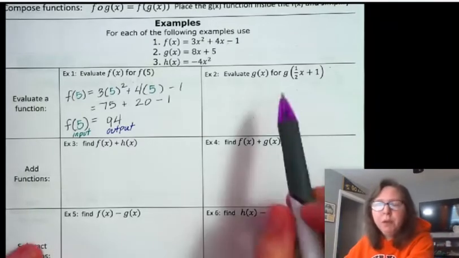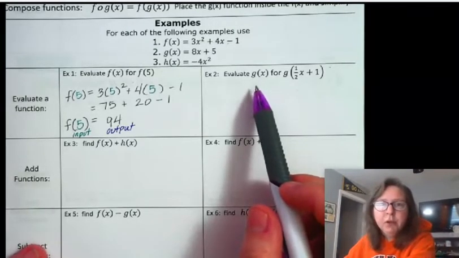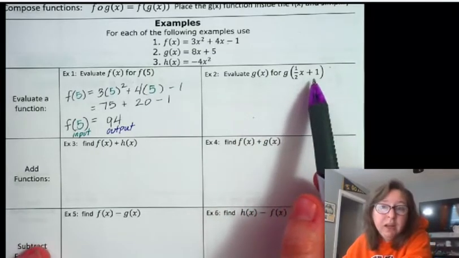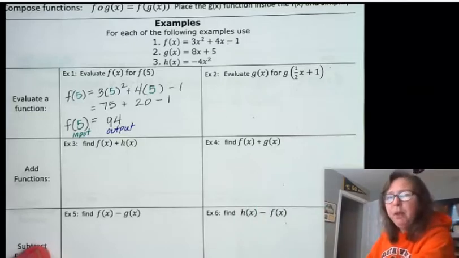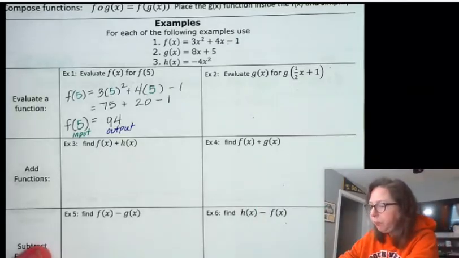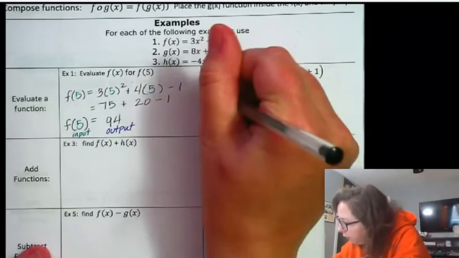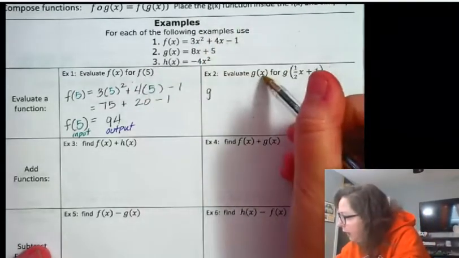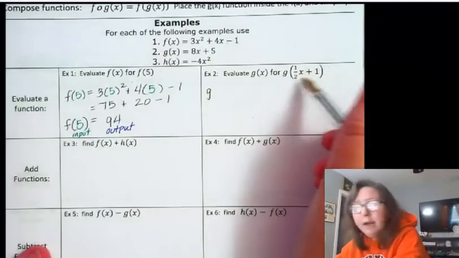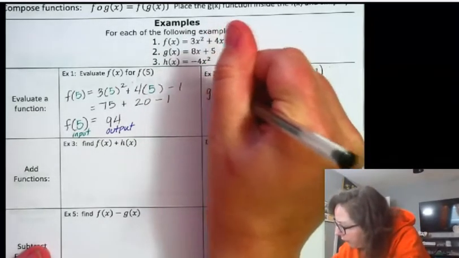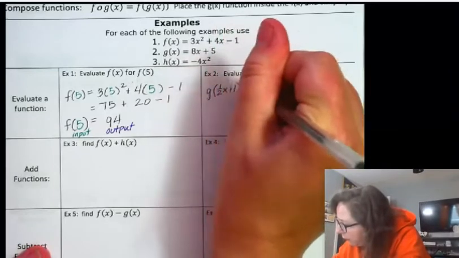Let's do the same thing with g of x, except I'm going to evaluate this function with what looks like another function, okay? So I am again going to do g, but everywhere there's an x, I'm going to replace it with 1/2 x plus 1. So 1/2 x plus 1.